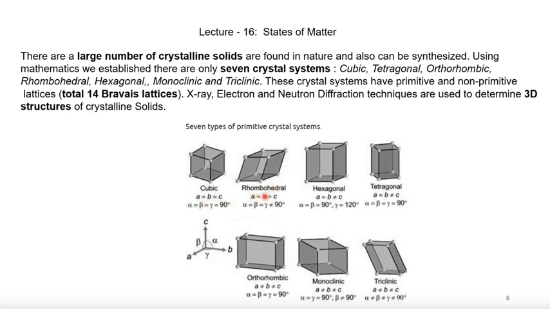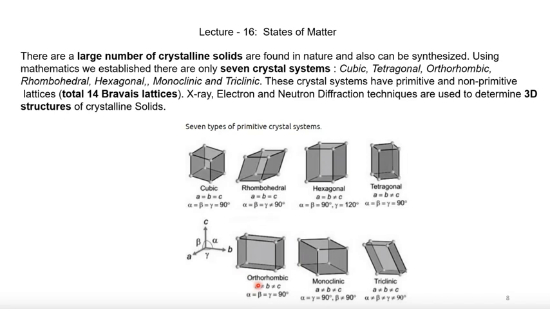Rhombohedral: all 3 axes are equal, and all the angles are equal but not 90 degrees. Hexagonal: a equals b and b is not equal to c, alpha and beta are 90 degrees, gamma is 120 degrees. Tetragonal: a equals b and b is not equal to c, alpha, beta, gamma are 90 degrees.